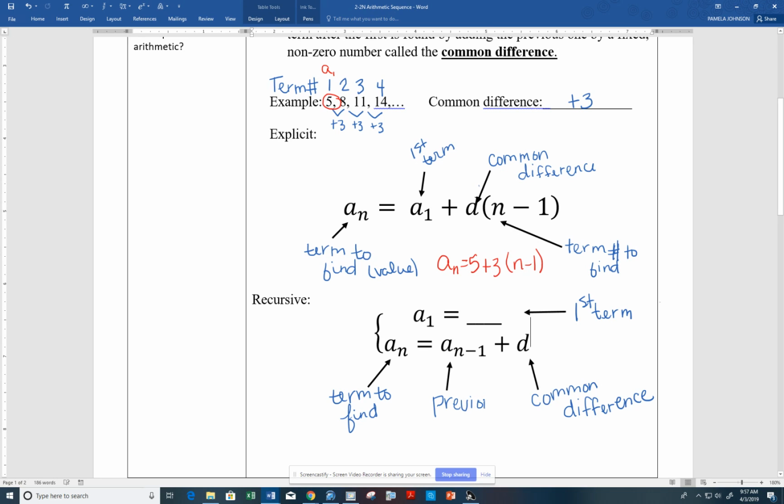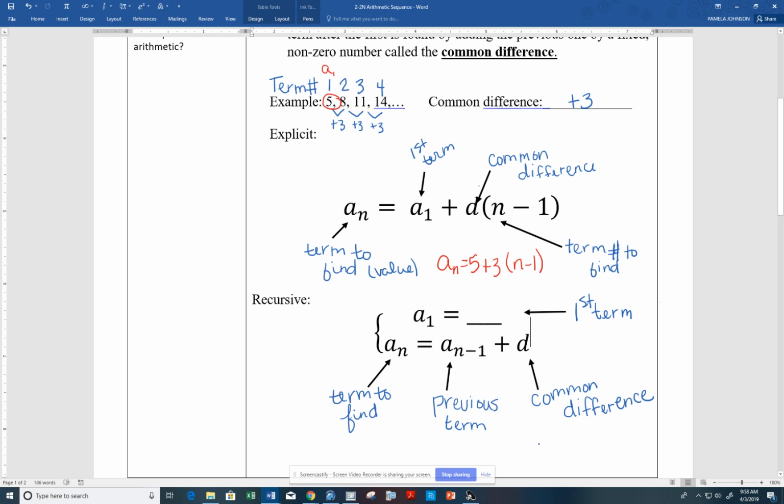So if you're looking for the 8th term, then you have to know what the 7th term was. If you're looking for the 50th term, then you have to know what the 49th term was. The way the recursive formula works is that you write the first term, and then to find whatever term you want, you take the term before that and add your common difference to it.